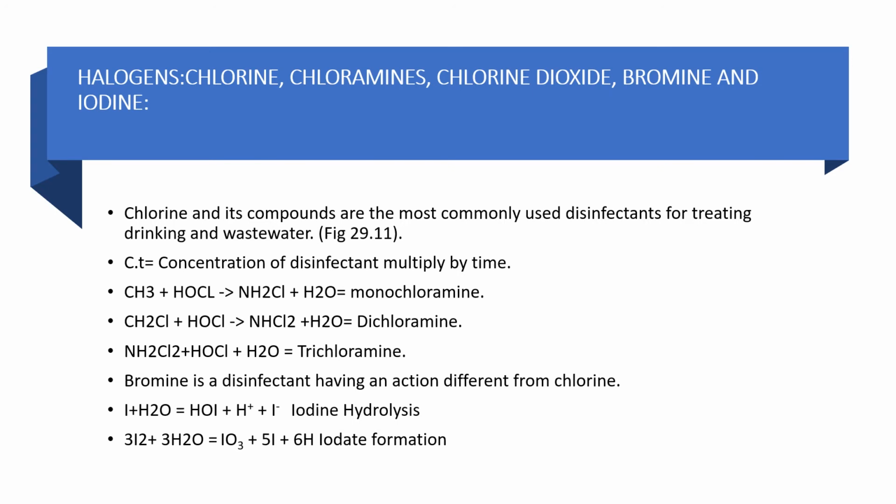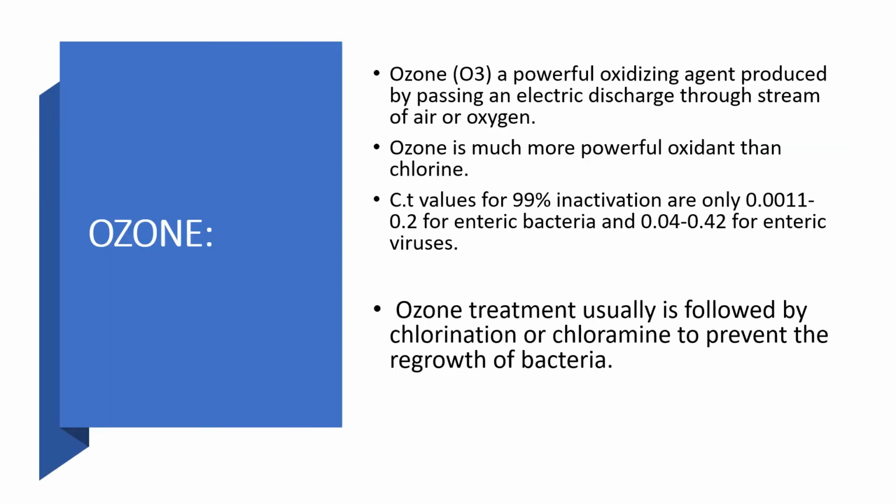Chloramine is used by some utilities in the US to disinfect water. The disinfectant action of chloramine is better than ozone. Bromine reactions in water are not similar to those of chlorine. Bromine is effective against bacteria such as Legionella, viruses, and protozoa. Iodine is used as a disinfectant for small-scale water treatment needs.